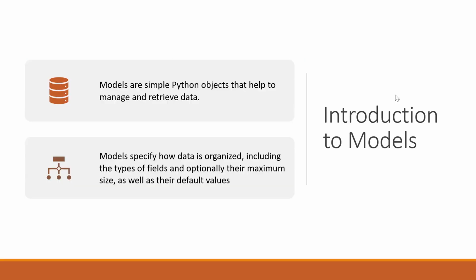Basically, Django, being a web development framework, utilizes models, which are simple Python objects that help to manage and retrieve data. Models specify how data is organized, including the type of fields and optionally their maximum size, as well as their default value.